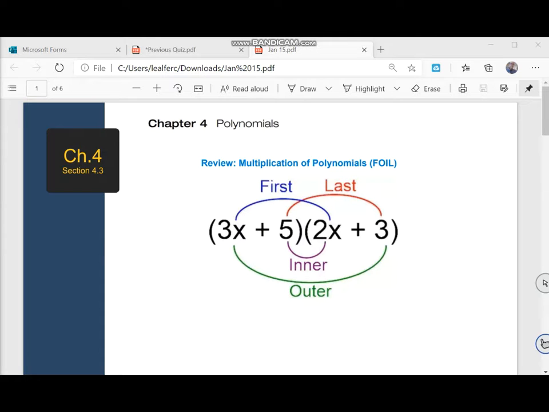I don't like these memory things because I always forget about it. I know how to do it, I think it's better. Sometimes it's the harder way, but at least you will remember what you're doing, and you also get to solve any kind of polynomials, any number of terms.